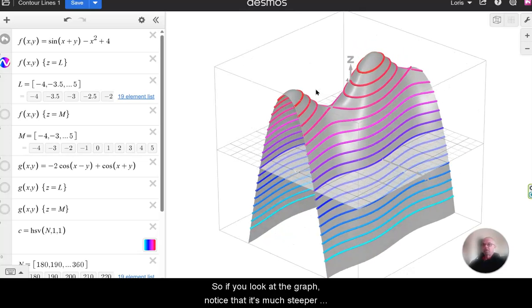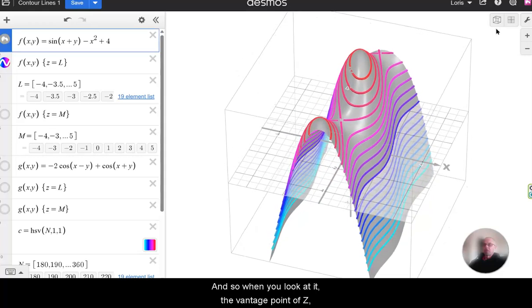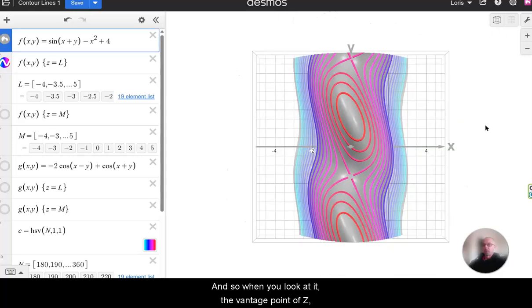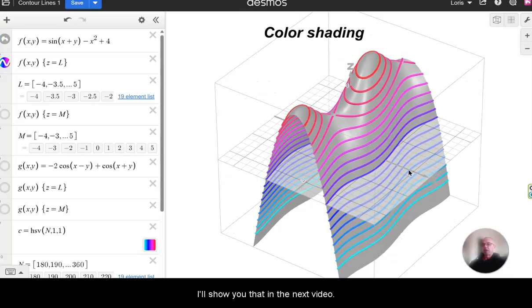So if you look at the graph, notice that it's much steeper here than it is up here. And so when you look at it from the vantage point of Z, these are not as close together as these are here. Now to get this red shading, I'll show you that in the next video.